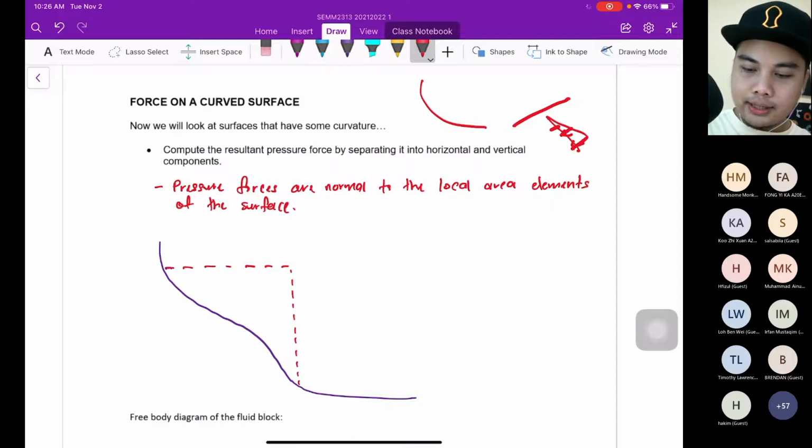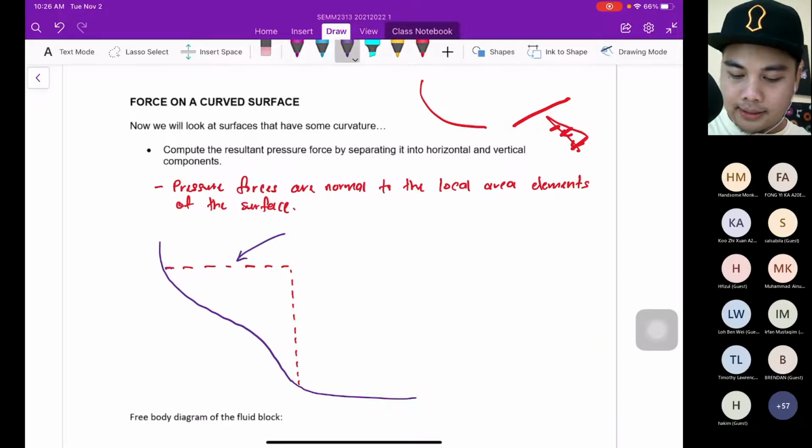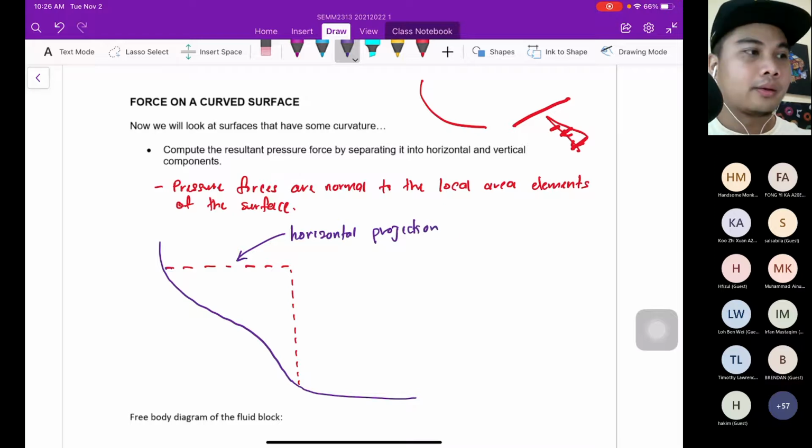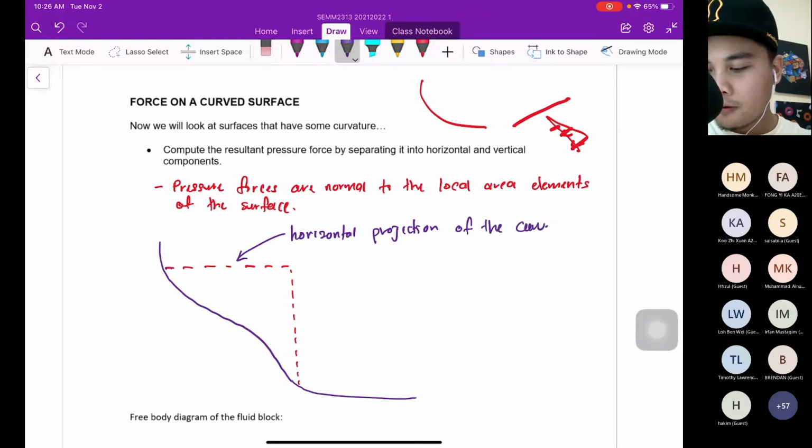Alright, so here let's name here as the horizontal projection of the curved surface.